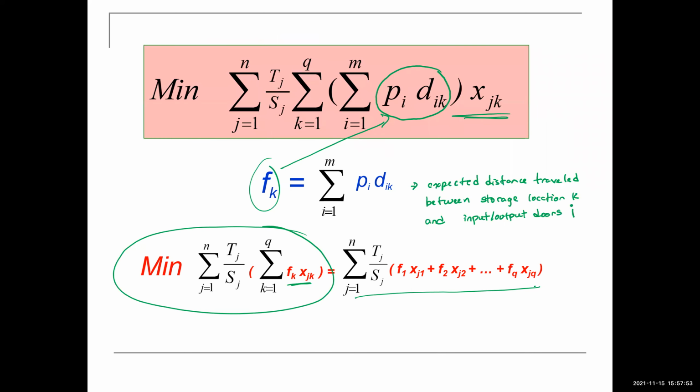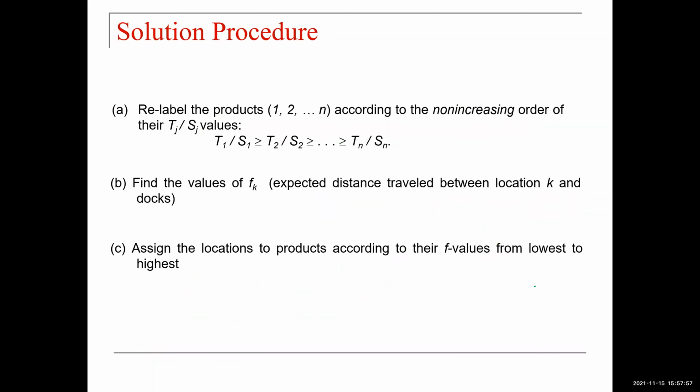That's based on these ratios. And we're going to find the values of Fk, which is the expected distance traveled between location k and the docks or the input-output doors. Then we're going to assign the locations to products according to their F values from lowest to highest.